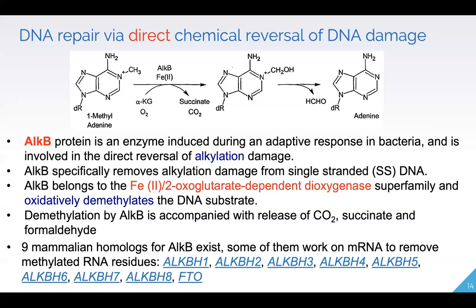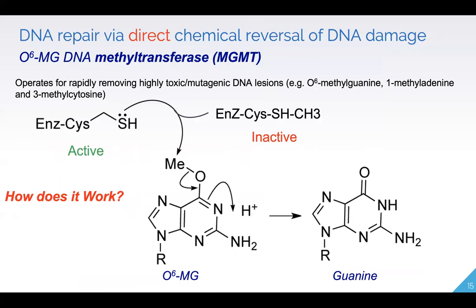For example, this particular protein reverses the alkylating events at position 1. You can imagine another methyl group at a different position that uses a different enzyme to directly reverse that chemical modification. So there's an extensive number of homologs, and they all belong to the same family to simply remove the damage. Nothing fancy, a very simple reaction.